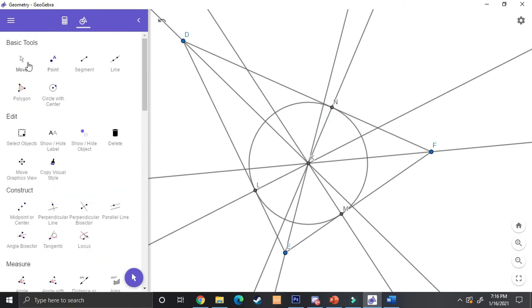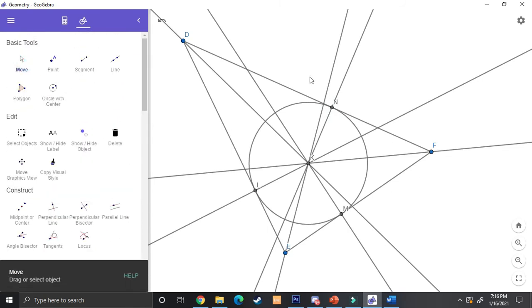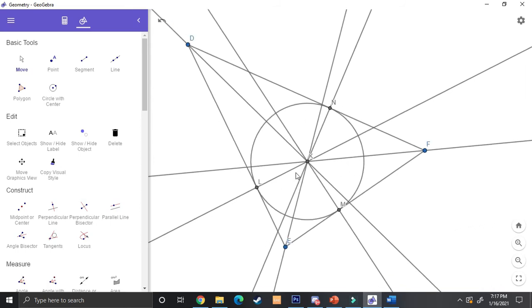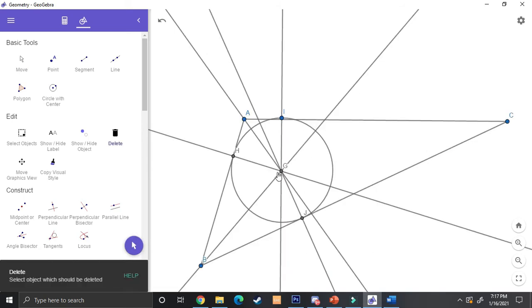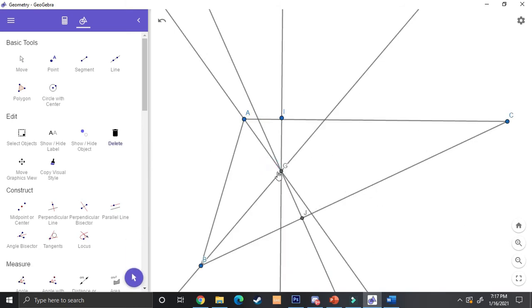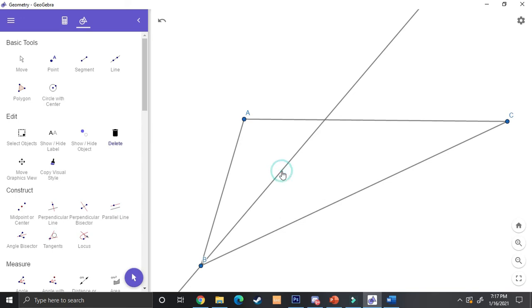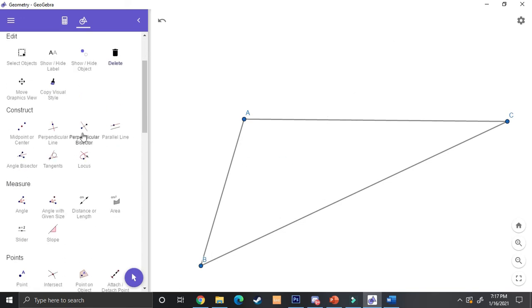I also forgot to mention that the incircle is the largest circle that you can fit inside the triangle. So, from the figure, we can see that KL is equal to KM is equal to KN because these are all radii.